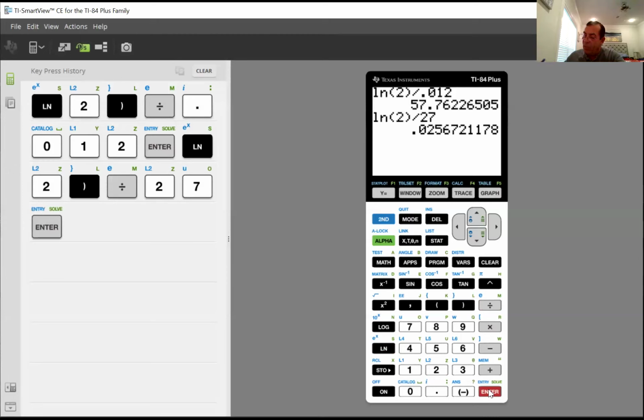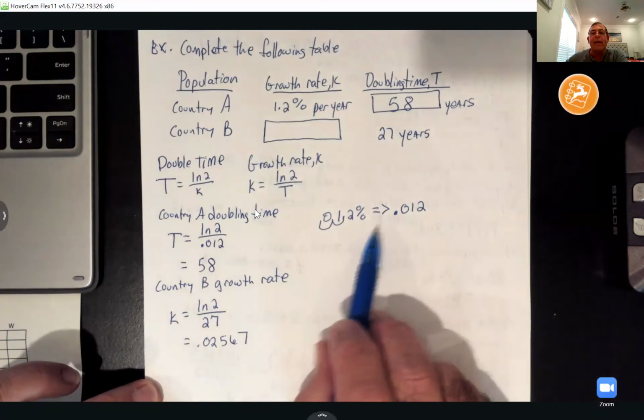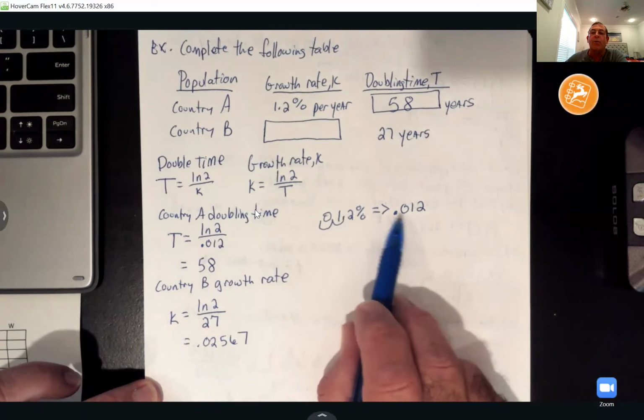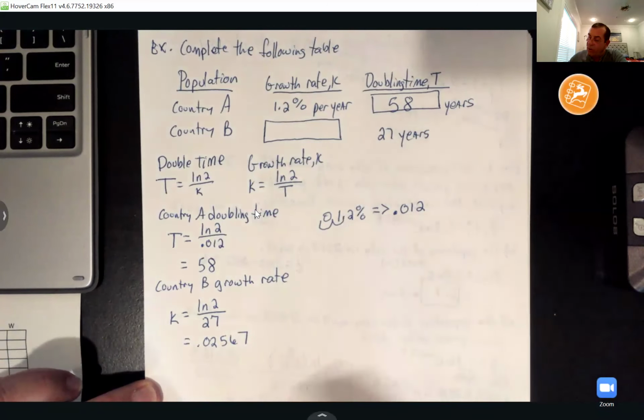Now remember, I'm rounding to one decimal place, but y'all, I'm getting at the moment 0.02567. I'm going to go out about 5 decimal places for a second, because remember, to convert the decimal back into percent, I'm going to move the decimal right 2 units.